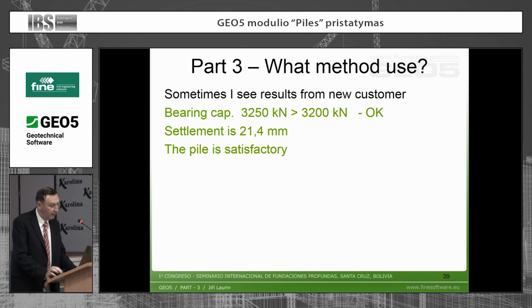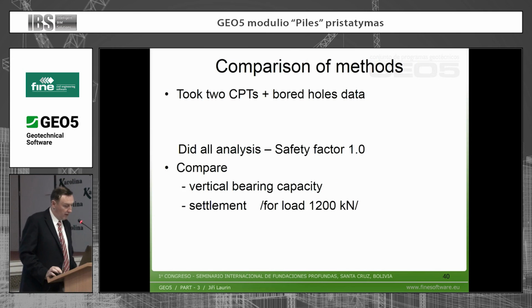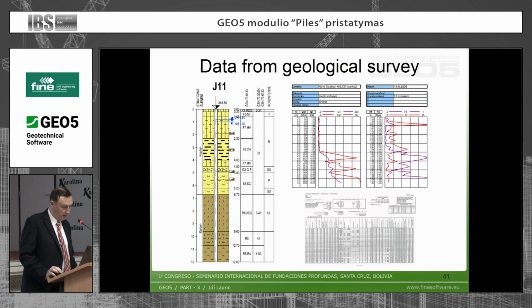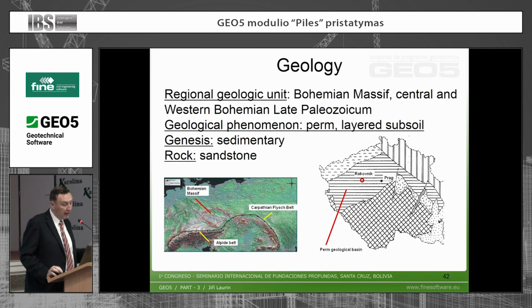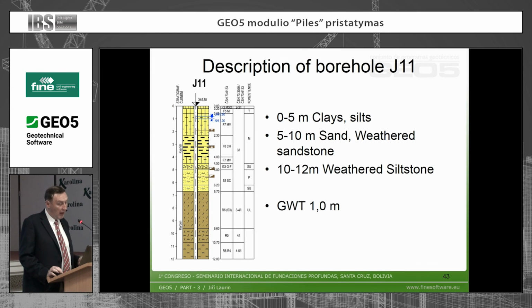Comparison of results. We did a test where we have a geological survey in northern Bohemia. We have 2 boreholes and 2 CPTs next to them. So we had more soil parameters and we have CPTs from the same place and profile.